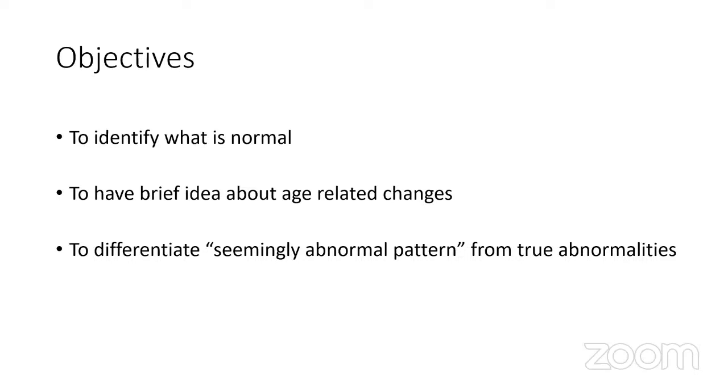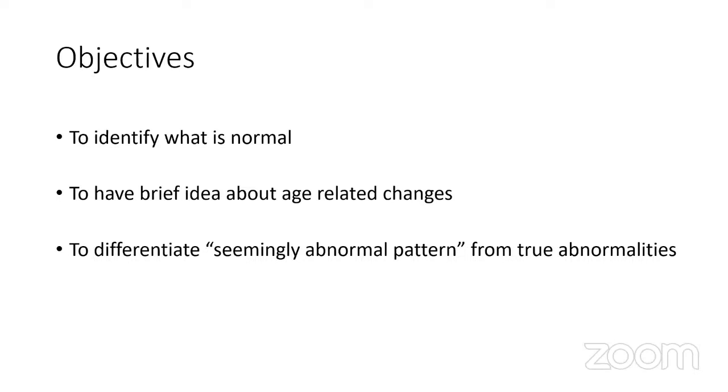So the objectives for today's talk are to identify what is normal, to have a brief idea about the age-related changes, because as we know, when we come to pediatrics, everything has age-based norms. So is the same for EEG. And finally, to differentiate seemingly abnormal patterns from true abnormalities.